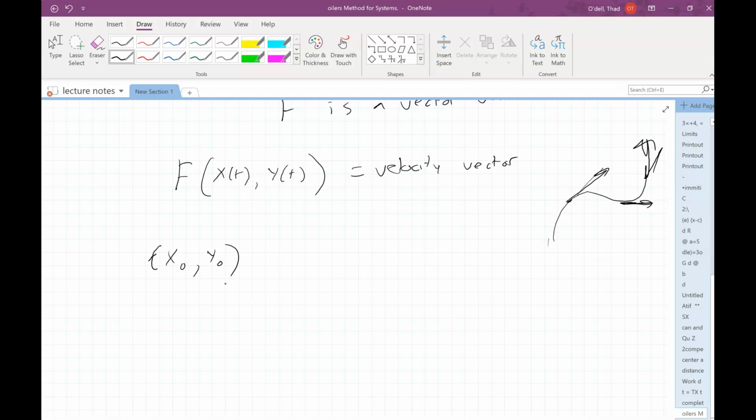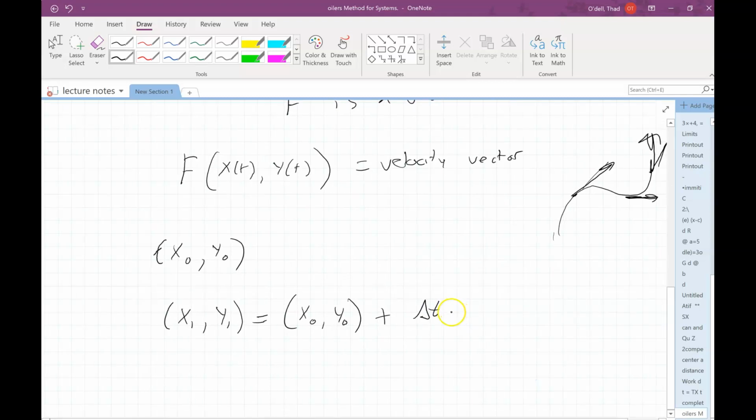So that means that in general, x sub 1 comma y sub 1 would be equal to x sub 0 comma y sub 0 plus some little change in t, just like we did before in Euler's method, times capital F evaluated at x naught and y naught.